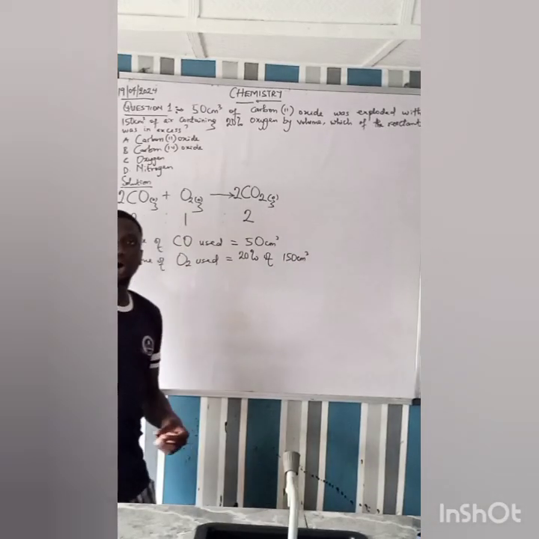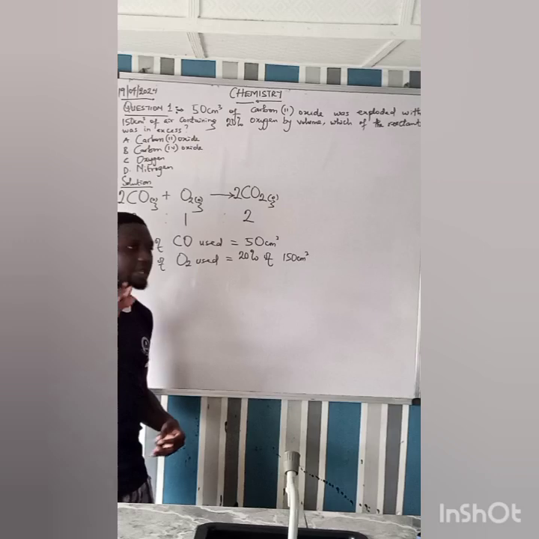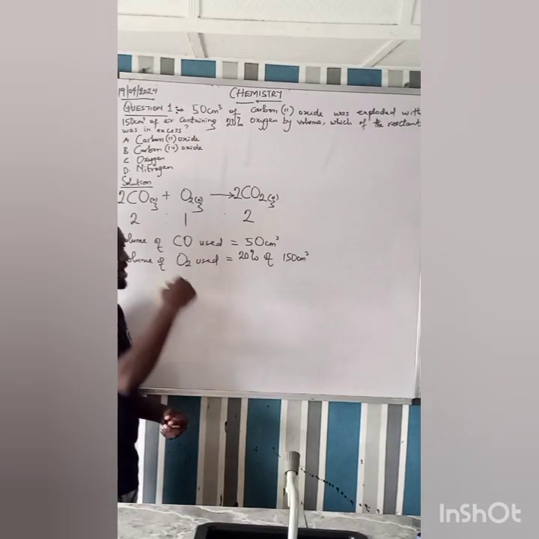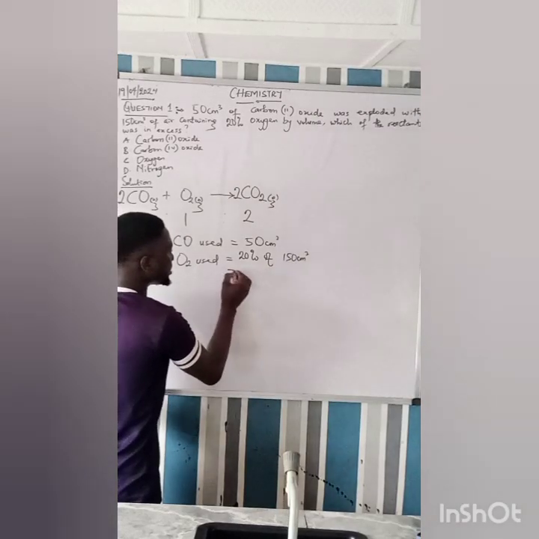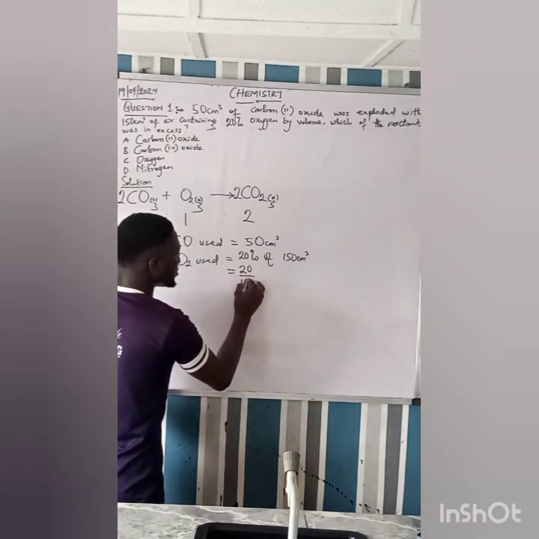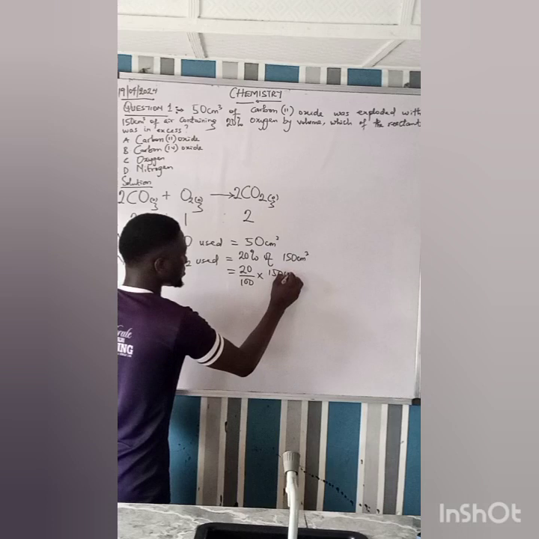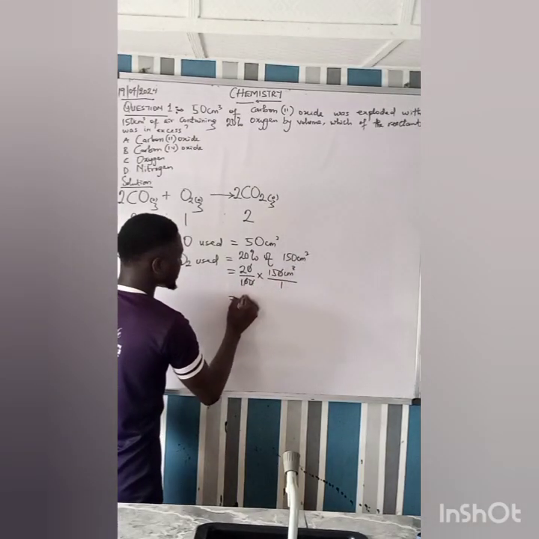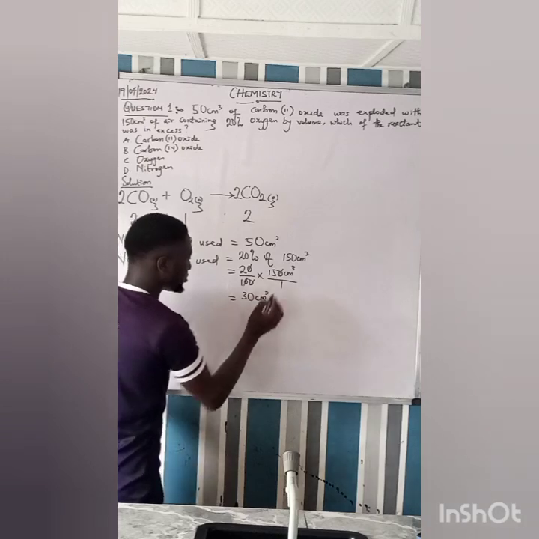As we know that oxygen is not the only component of air, it is just 20% of the air that you have there. And what is 20% of 150 cm³? So that is 30 cm³.